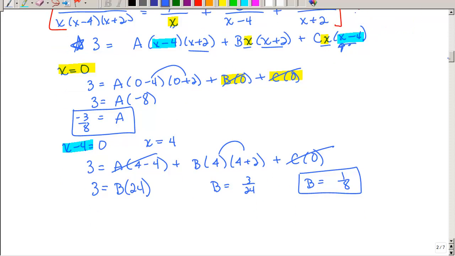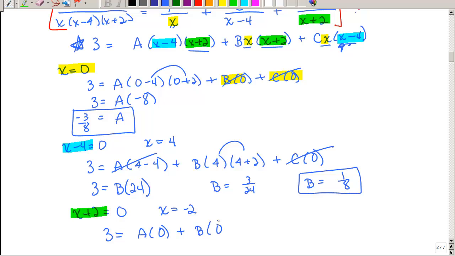My last one is going to be c. So let's see, what's my last factor? So I have x plus 2 is equal to 0, so x is negative 2. That means every place there is an x plus 2, those are going to be 0. So I'm going to have 3 equals a is going to be 0.